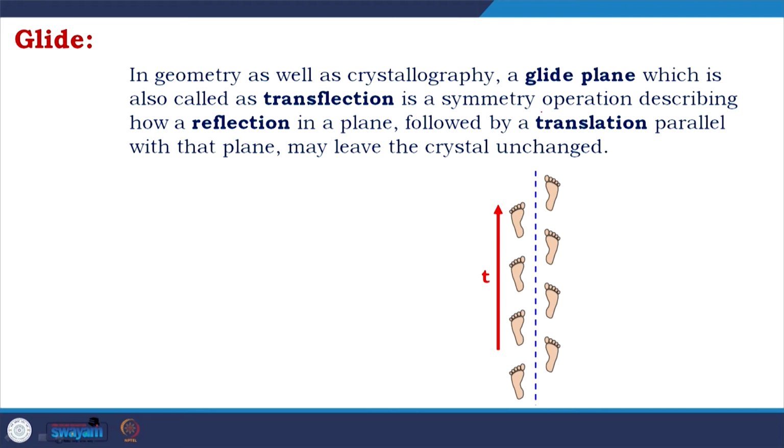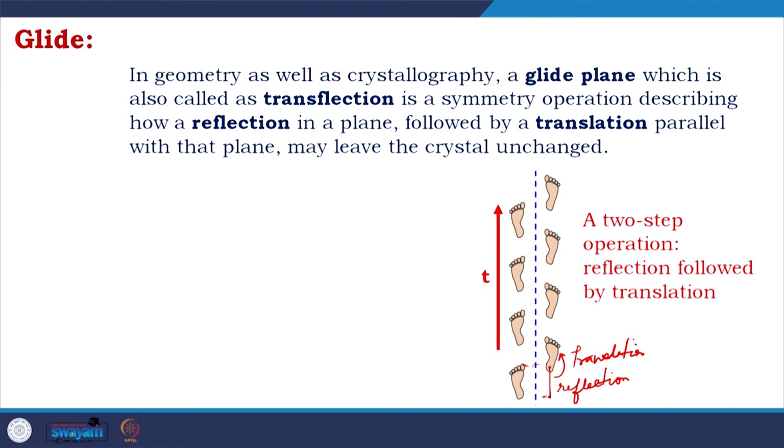If you put a mirror, you will have a reflection, but the reflection would be putting the feet here, but the feet is now proceeded. So, there is a reflection followed by a translation. A two-step operation: reflection followed by translation.